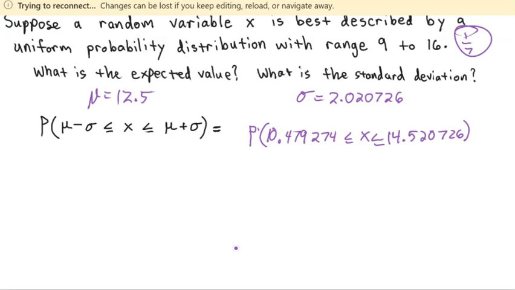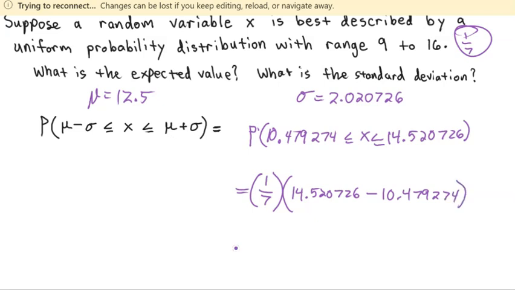So remember, the way that we do this is we do the probability distribution, which is 1/7. And then we're going to do the larger number, 14.520726, minus the smaller number, 10.479274.